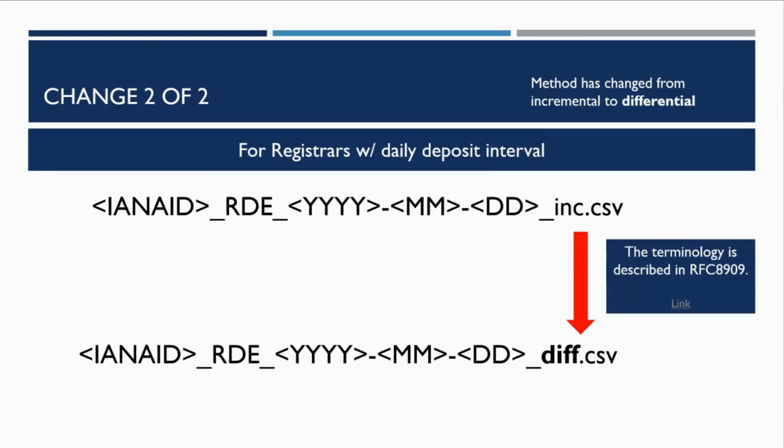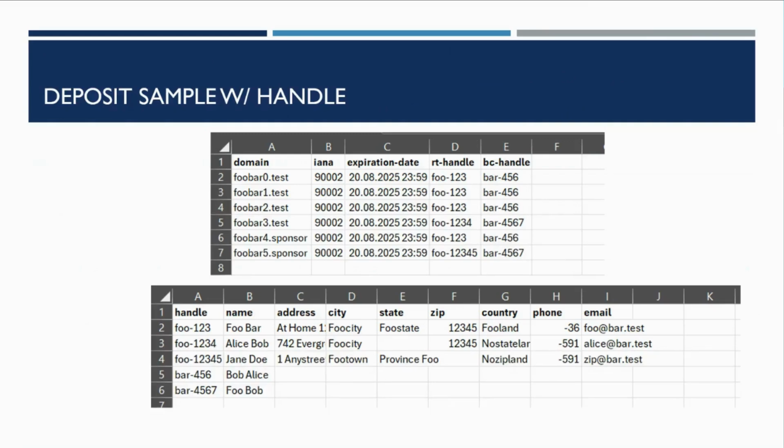The terminology is described in an RFC, which is number 8909. There you can read everything about the difference between both deposits, the incremental and the differential.